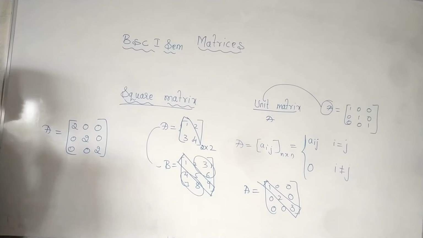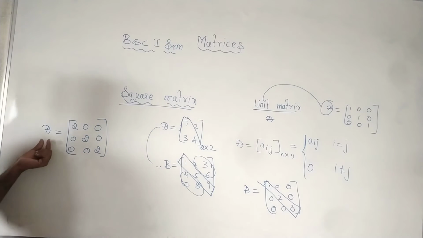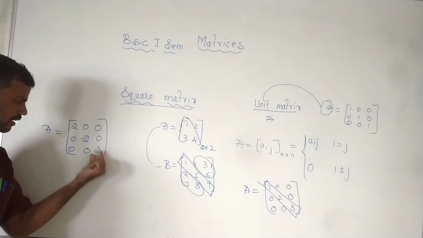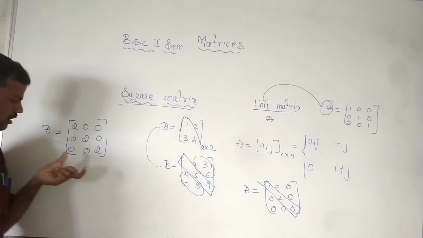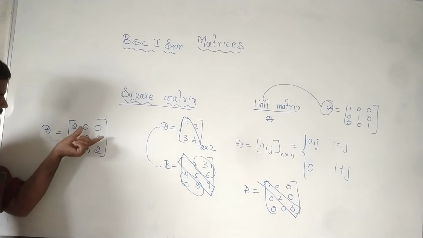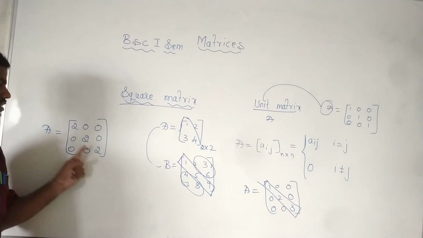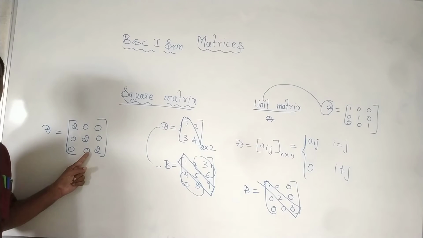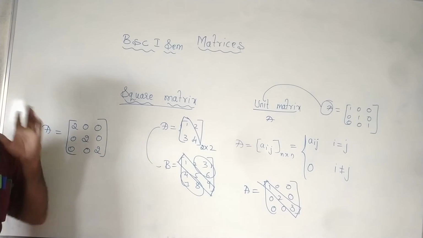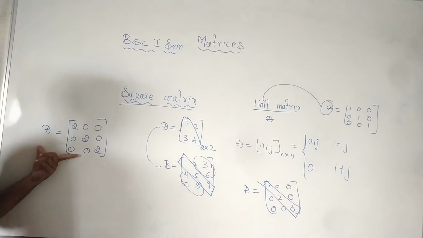The non-diagonal elements are 0, but the diagonal elements are the same, so that is called a scalar matrix.